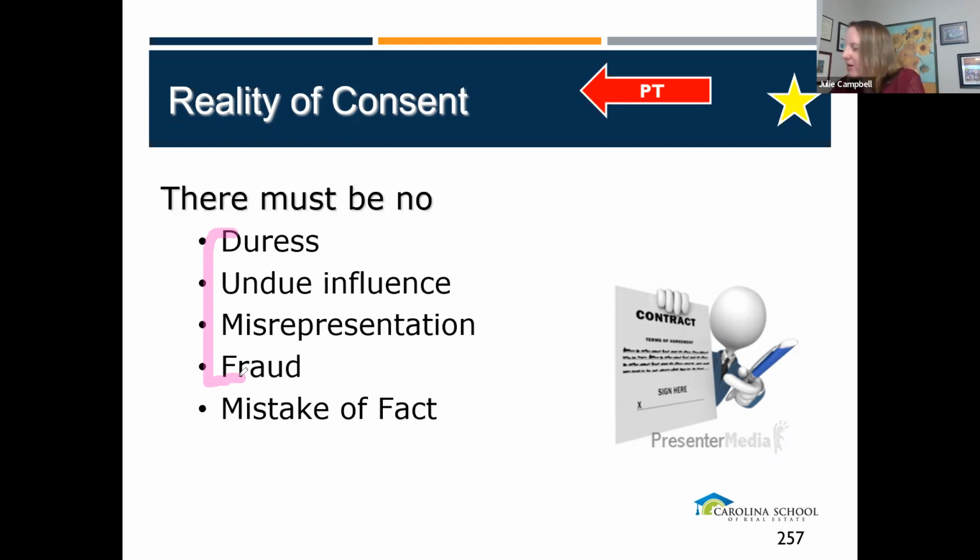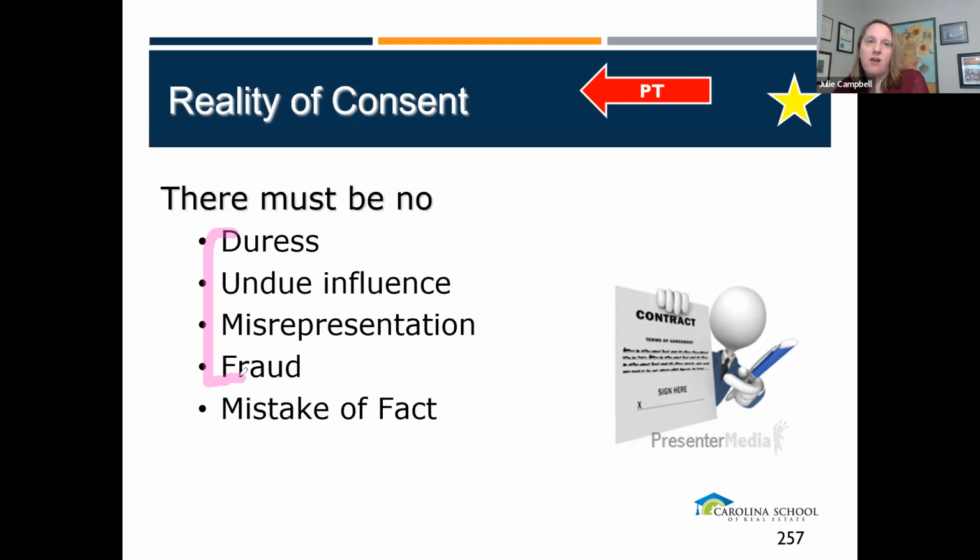So now that's where we are. We're going to look at the type of document. We're going to look at the offer. We're going to look at the counteroffer. The offeror is the person giving the offer, the giver of the offer, the creator of the offer. The offeree is the person receiving the offer.